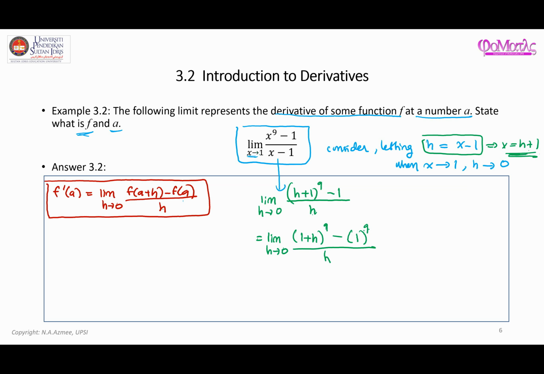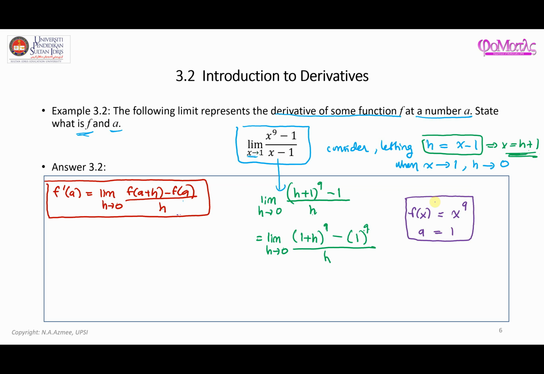Based on this representation, comparing the definition with what you have here, you can see that your function could be f(x) equals x to the power of 9, and your a could be equal to 1. If you're not sure what's going on, you can try to substitute a plus h into the function.